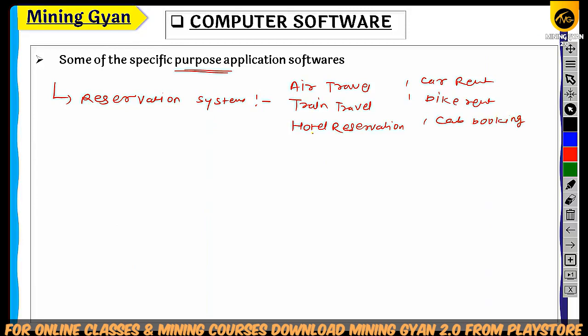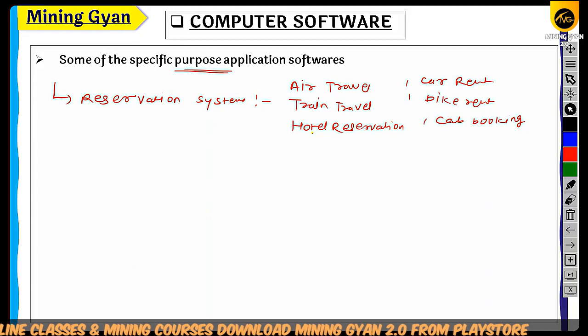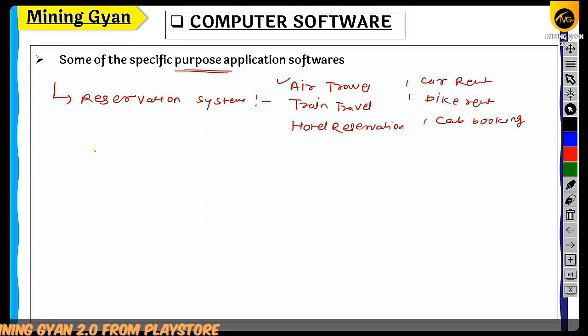These are system application software, but they are used especially for a specific purpose. That's why these applications are called special purpose application software.